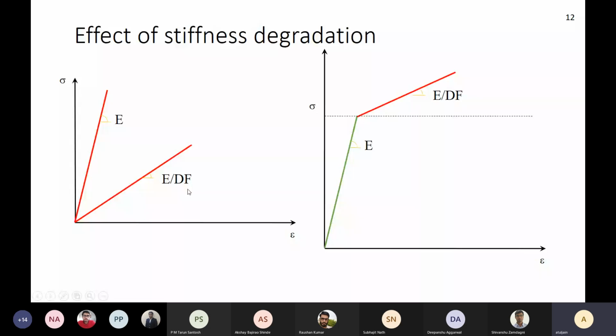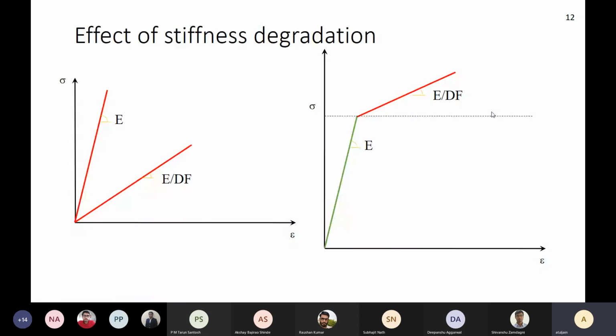Till the damage happens, the slope is E, that is the Young's modulus. After damage, the Young's modulus is decreased by a factor, the damage factor, let's call it df. So the slope of this line changes. If I do it in a significantly small number of steps, this curve will become smooth and will give me the stress-strain curve for the lamina. Okay, is this clear?